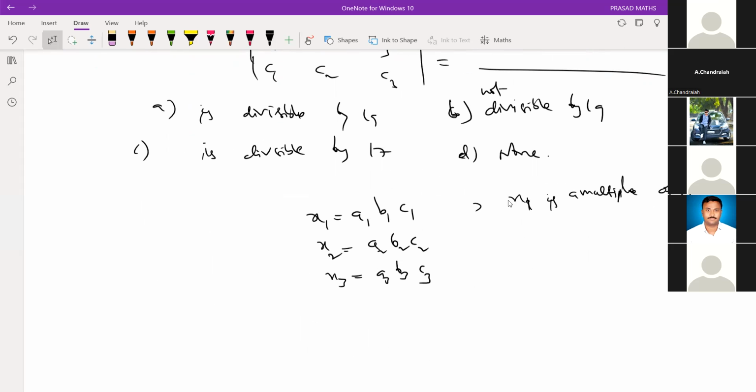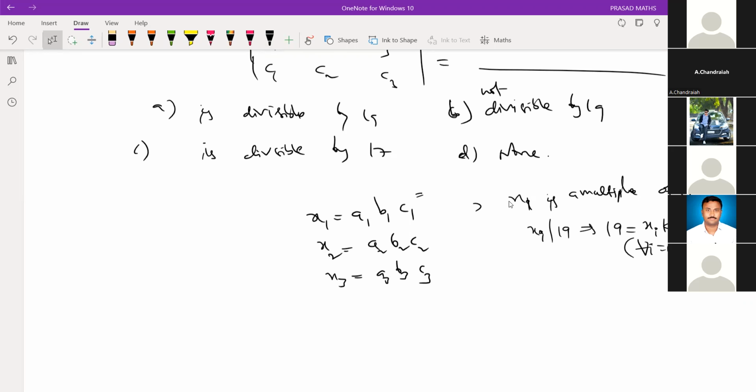What do I mean by this? Xi is divisible by 19, therefore by the division algorithm, xi equals 19 times some suitable integer. This is true for every xi. Now, the argument is a second-class argument.